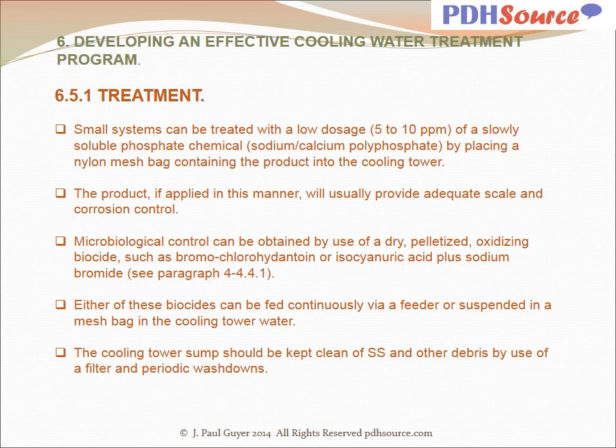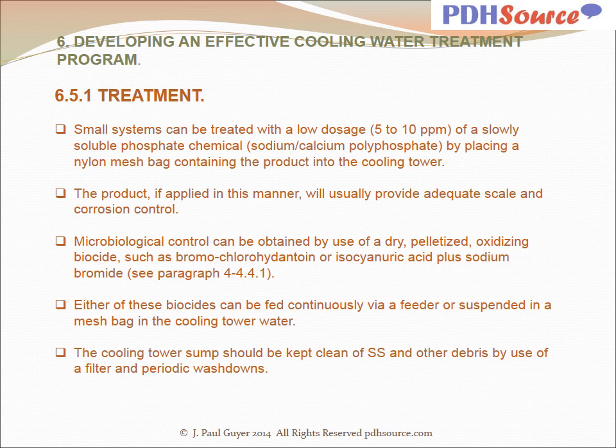Treatment. Small systems can be treated with a low dosage, 5 to 10 parts per million, of a slowly soluble phosphate chemical, sodium calcium polyphosphate, by placing a nylon mesh bag containing the product into the cooling tower. The product, if applied in this manner, will usually provide adequate scale and corrosion control.